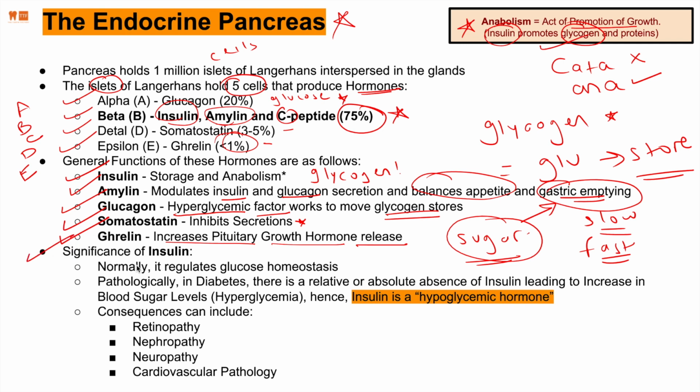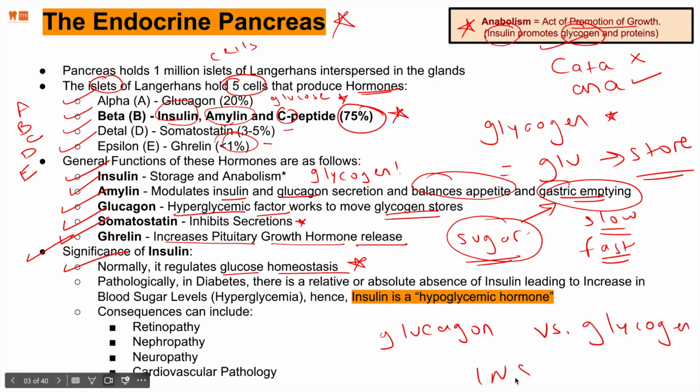But the significance of insulin, normally it regulates glucose homeostasis, right? It regulates how glucose is used and stored. So we're talking about two words, glucagon versus glycogen. And insulin balances that.